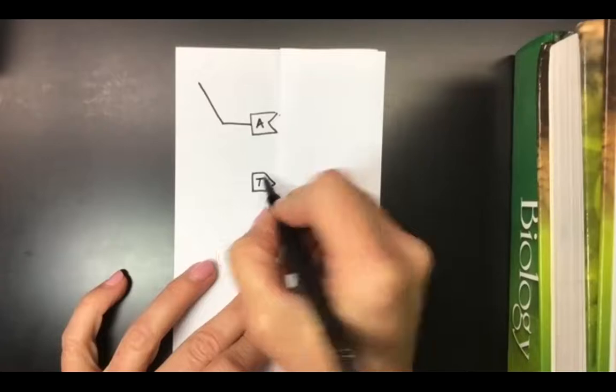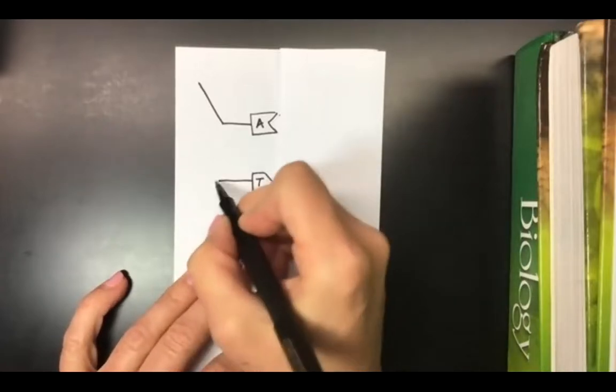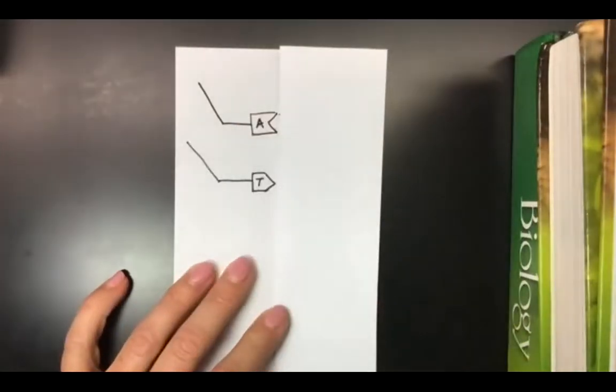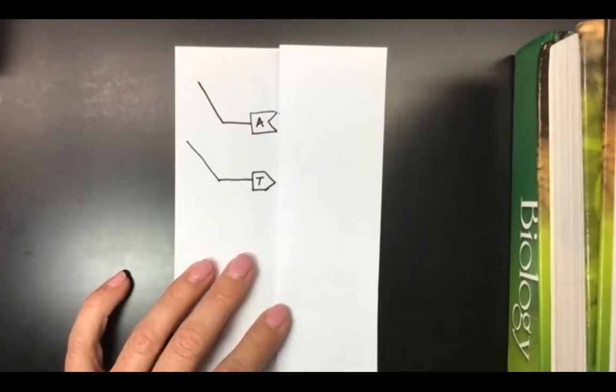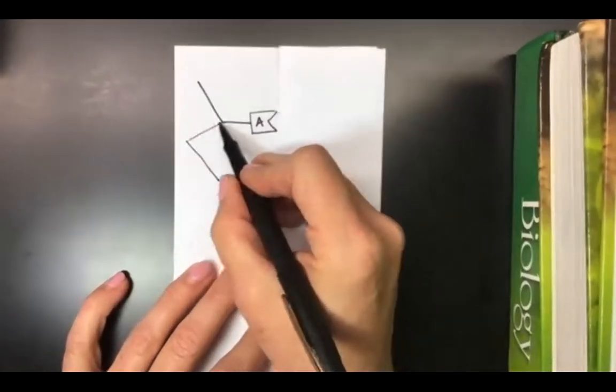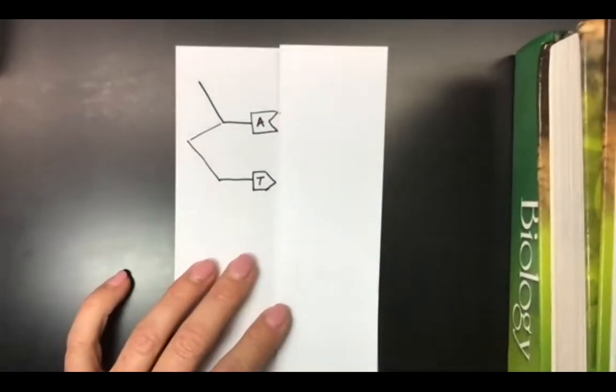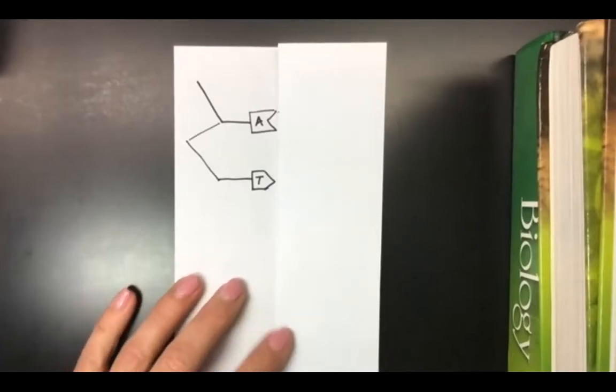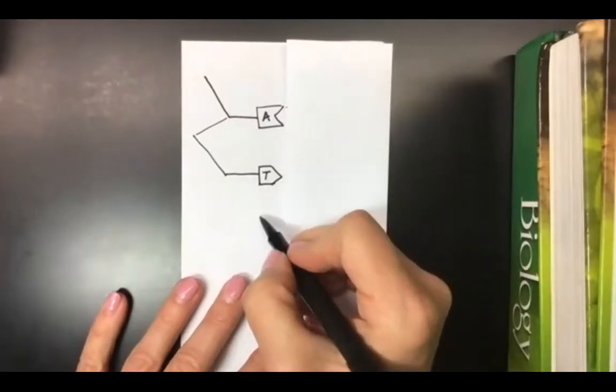This is a T, and I have my second nucleotide in place. These guys are attached by a covalent bond, so I'm going to put that covalent bond in place. Okay, we're going to put 6 nucleotides in place here. I'm going to do my next one.